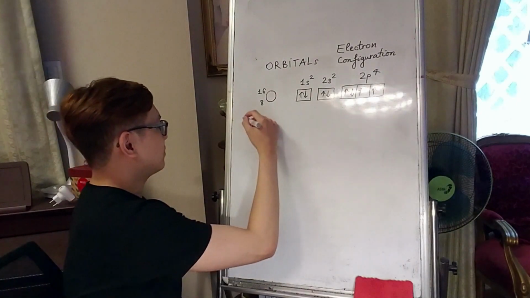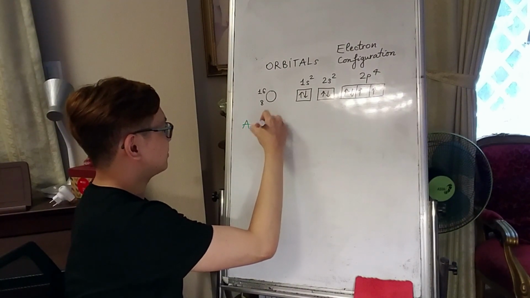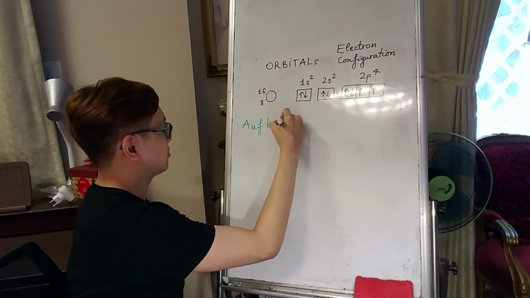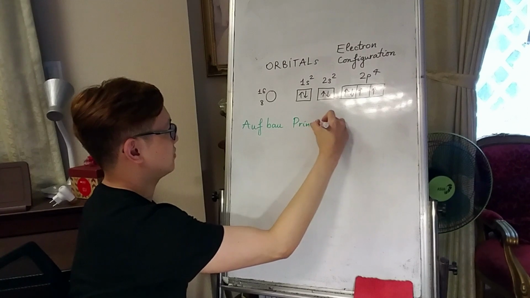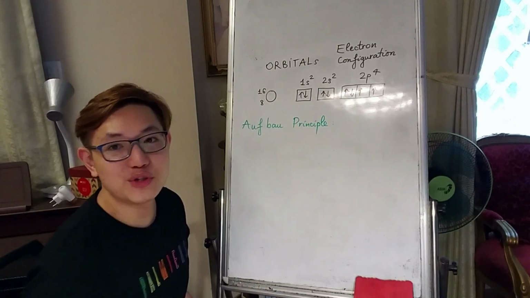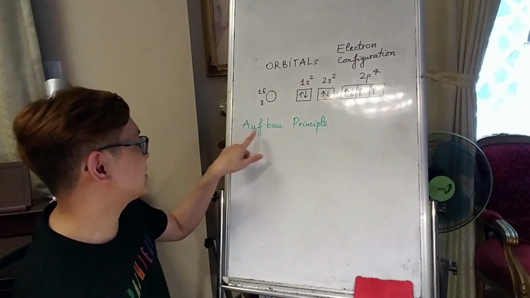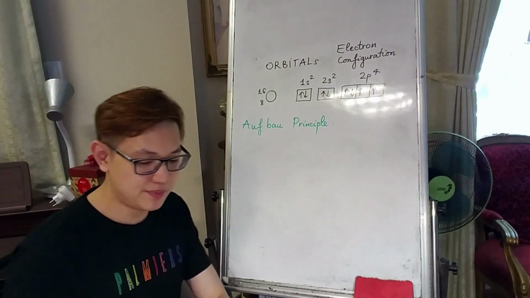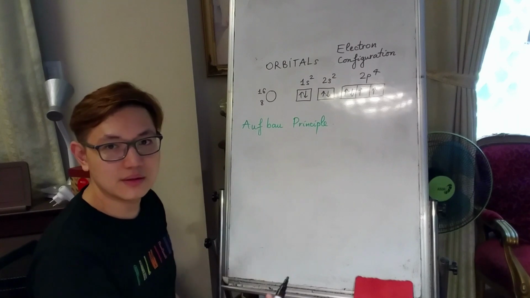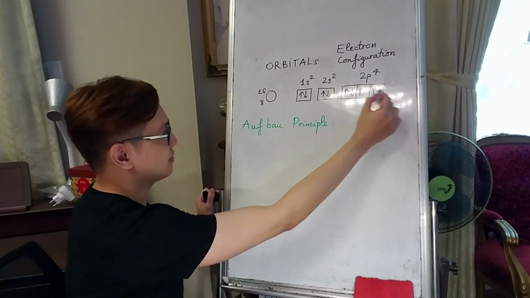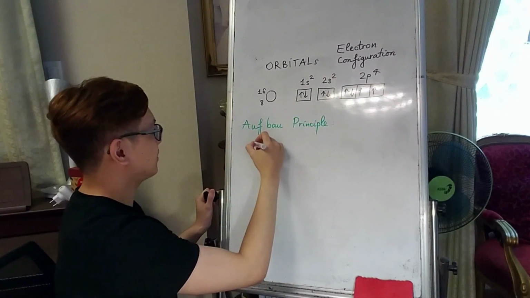There is something we call the Aufbau principle. If anyone knows German, this word means to build up. Aufbau, to build up. So basically, this is the way you know which orbitals will come next.